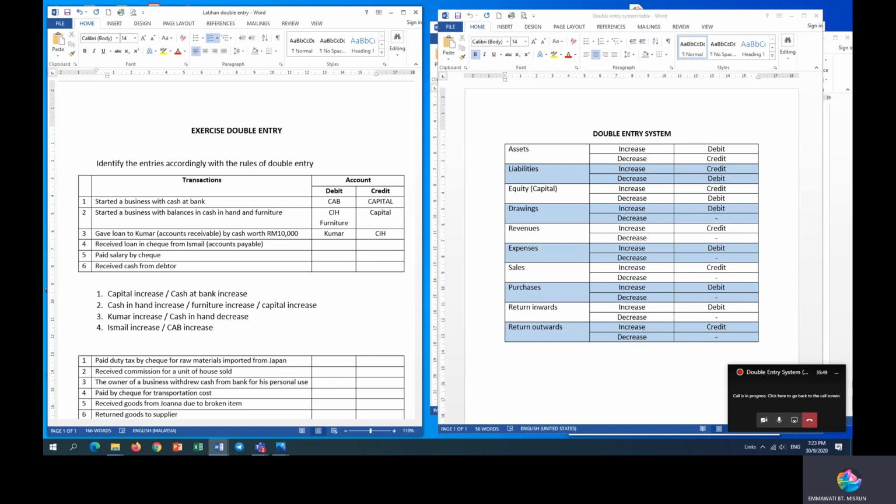So your cash at bank increase. Okay. So now Ismail, we know that Ismail is our liability. Okay, sebab kita berhutang dengan Ismail. So liability is here. So Ismail increase, liability increase. So we should credit the Ismail account. So credit Ismail.